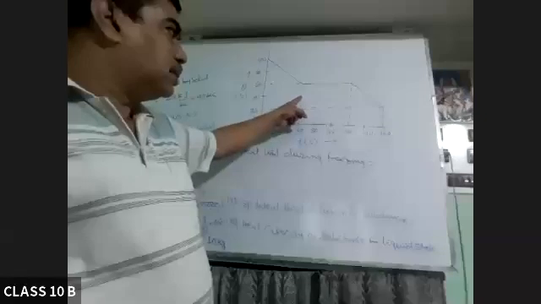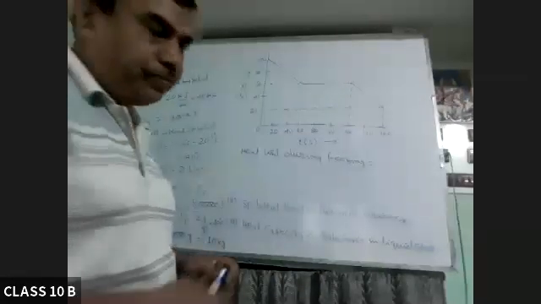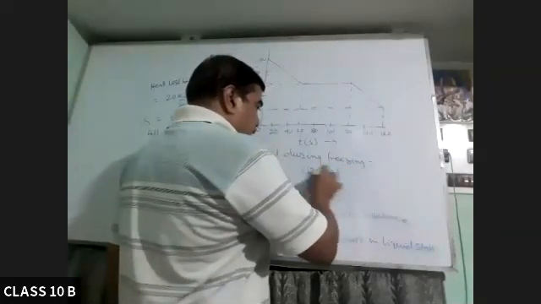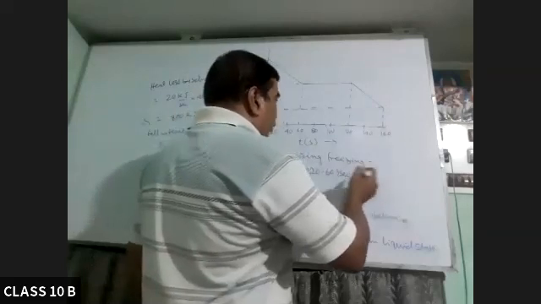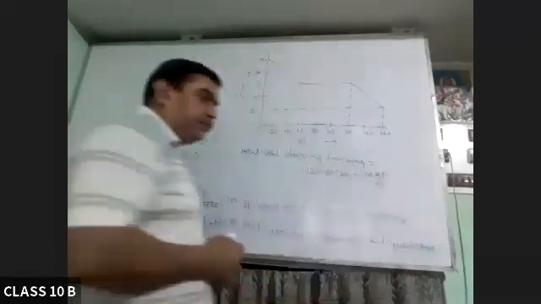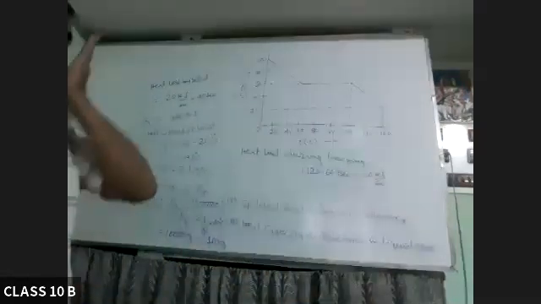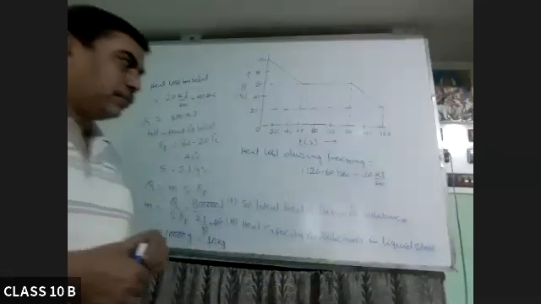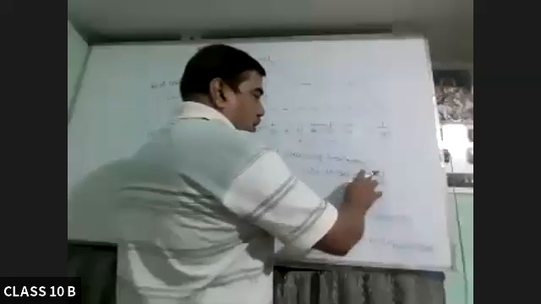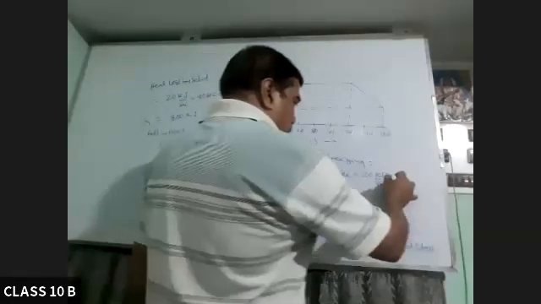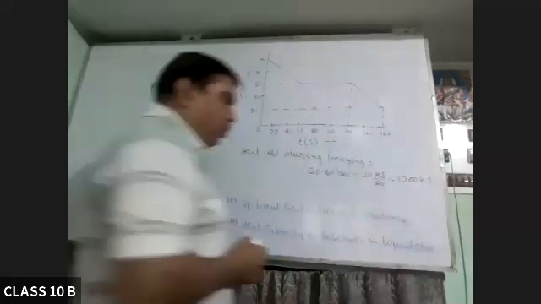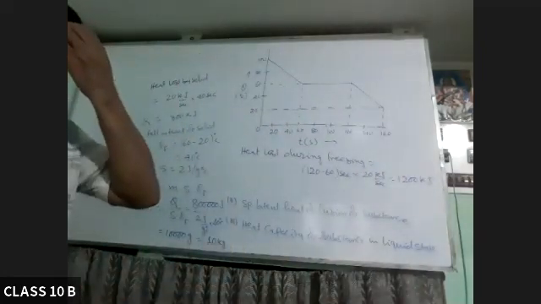From 60 seconds it has started up to 120 seconds. So it is 120 minus 60, this much seconds, and the rate of cooling is 20 kilojoule per second. So it is 60 into 20, 1200.